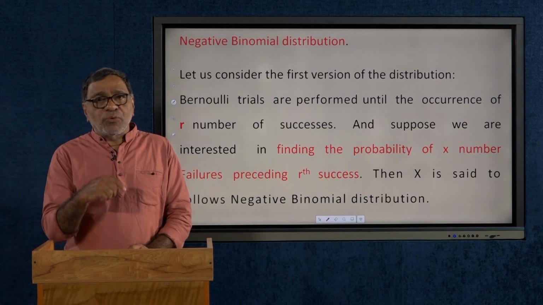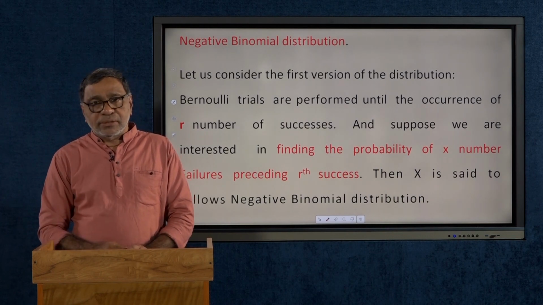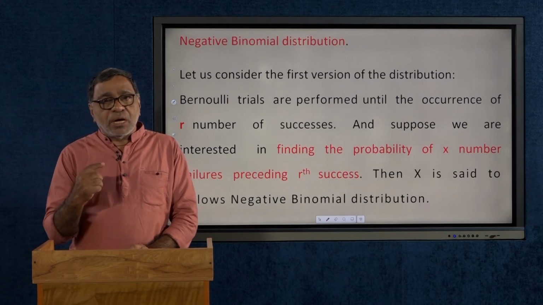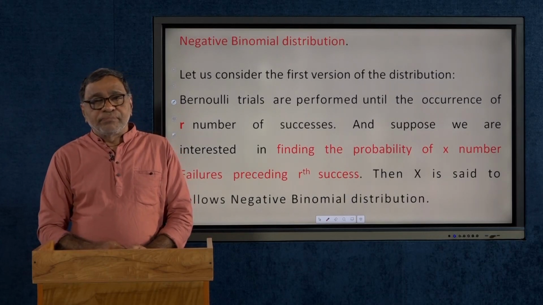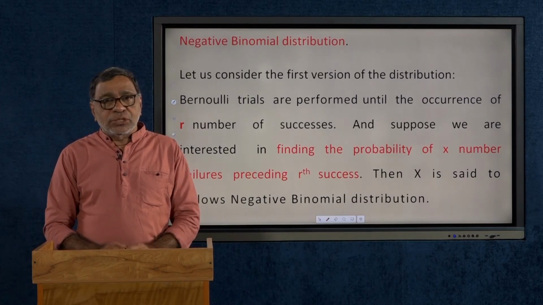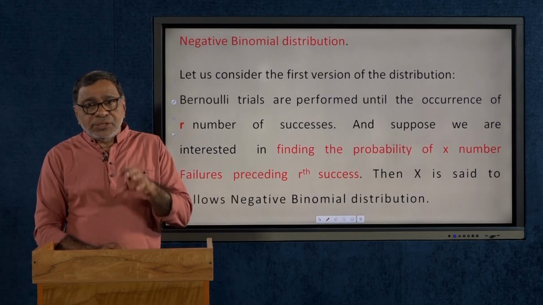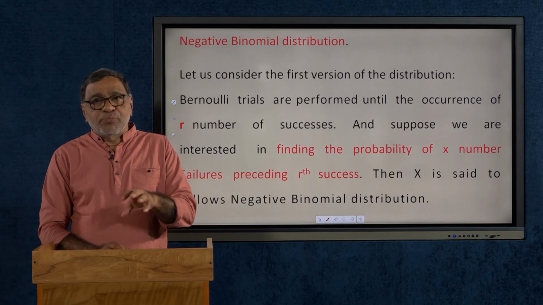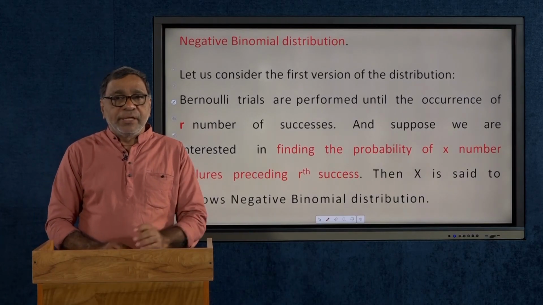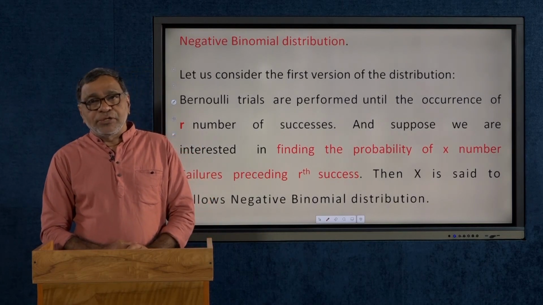But here our aim is to obtain r number of successes. And suppose we are interested in finding the probability of x number of failures preceding the rth success. Then this random variable is modeled by a distribution which is called negative binomial distribution.